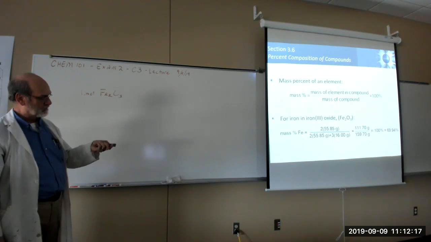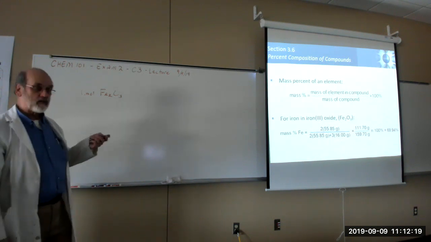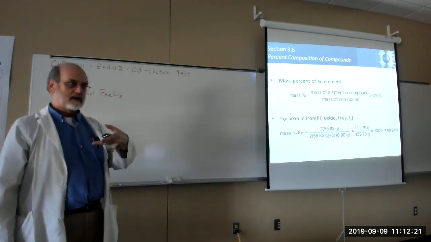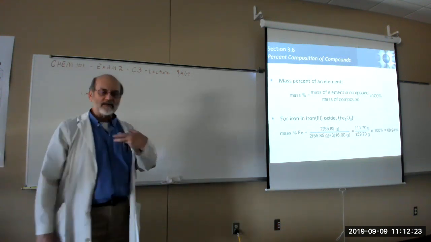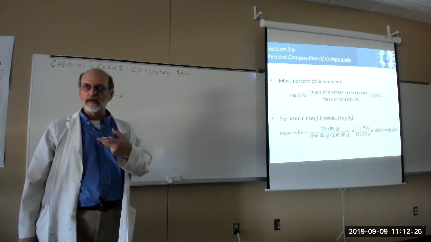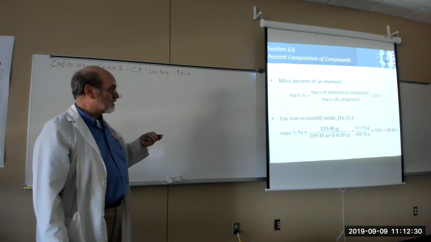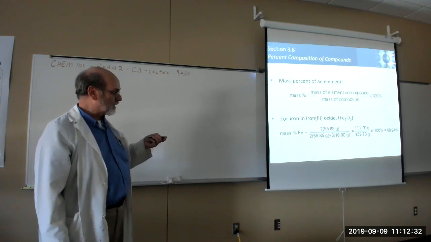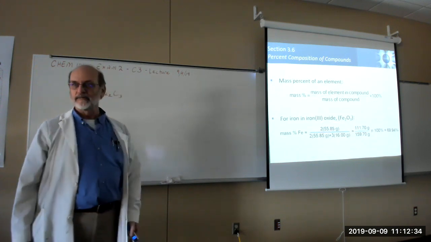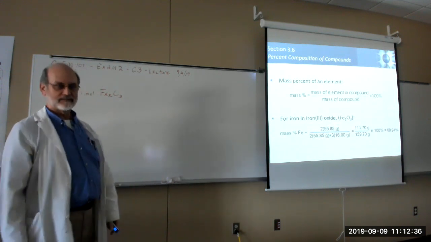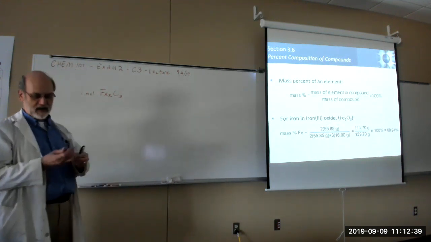Notice that when you're doing this way and you're determining the percent composition of your given compound, you will always have this one in both the numerator and the denominator because it's part of the total. Don't forget to do that.